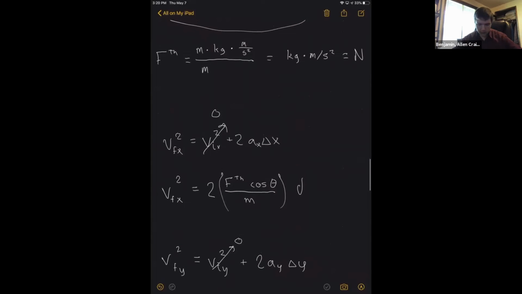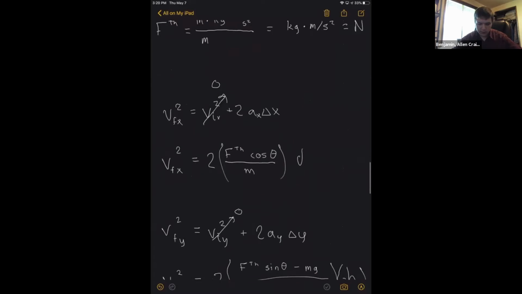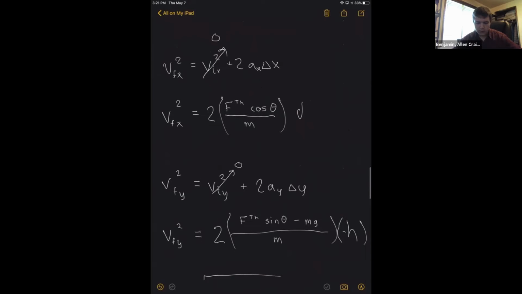This line here is just a unit check, which you'll see in the next slide. The next thing that we needed to find was the final velocity, for which we used this kinematics equation: V final squared equals V initial squared plus 2 times the acceleration times the displacement.